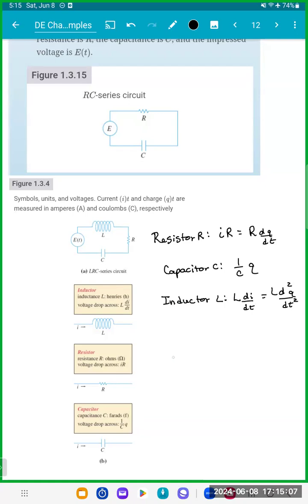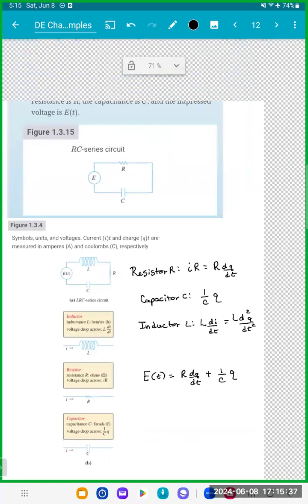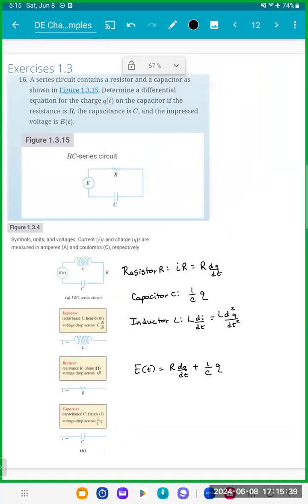And so for this problem, it's really just saying, remember that our voltage has to equal our resistor, which in this case is just R dq/dt, plus our capacitor, which is 1 over C times q. Okay.